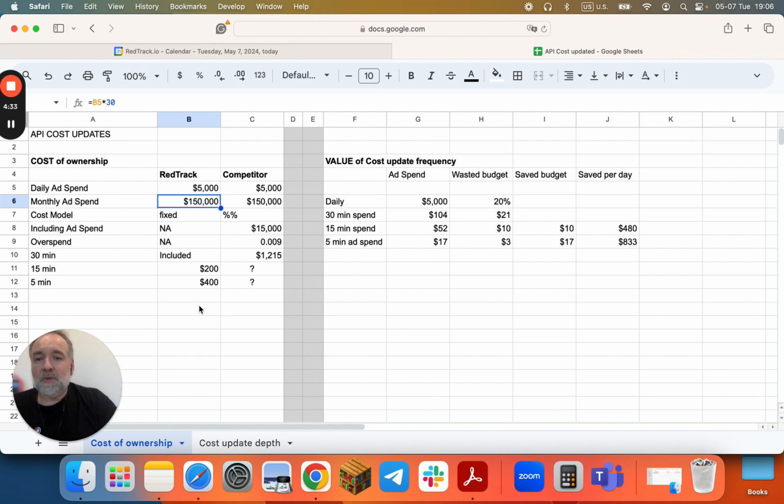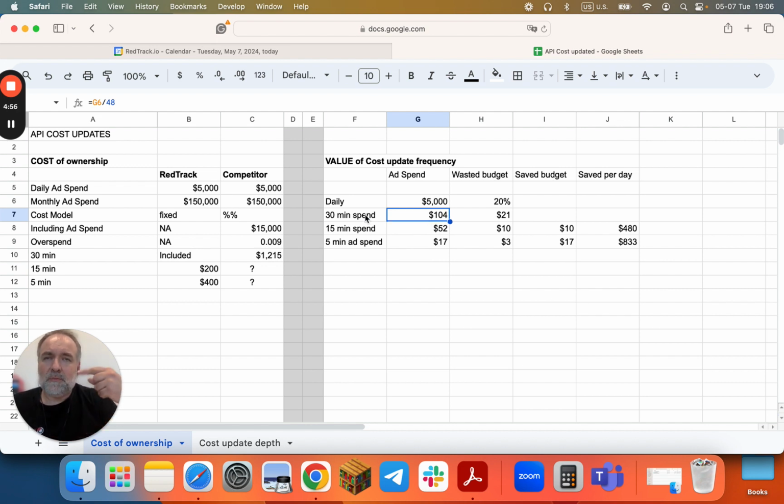Now, do you need to go to 15 or 5-minute cost updates? I don't know. Just let me give you some insights with the same daily ad spend. With this daily ad spend, that means an average spend of $100 every 30 minutes.